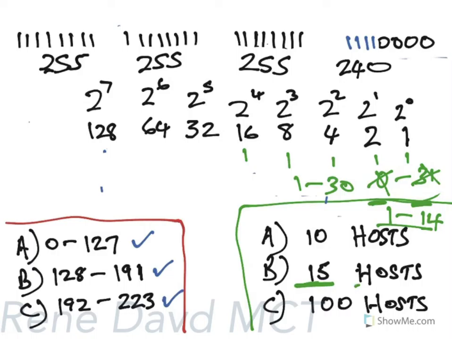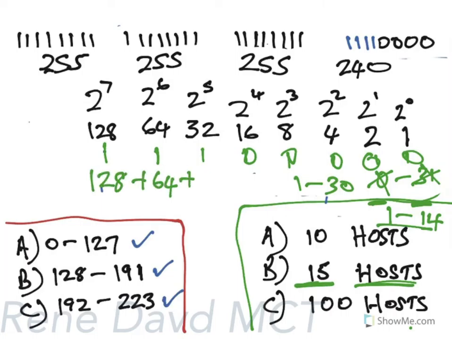All of these are host bits because we're calculating 15 hosts, so they should actually be 0. And that means we've got 3 bits left for the network. So our subnet mask here becomes 128 plus 64, which is 192, plus 32, which is equal to 224.